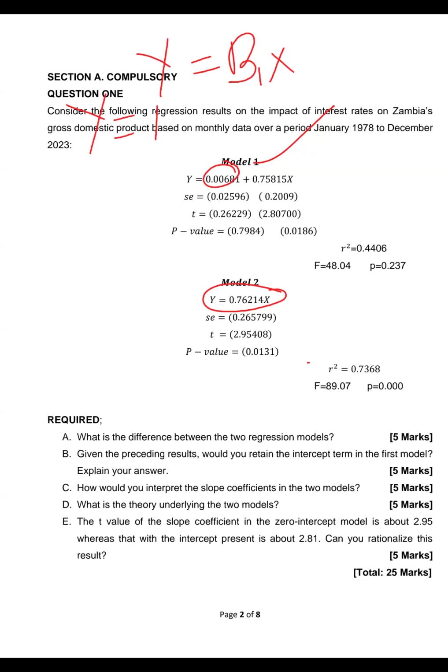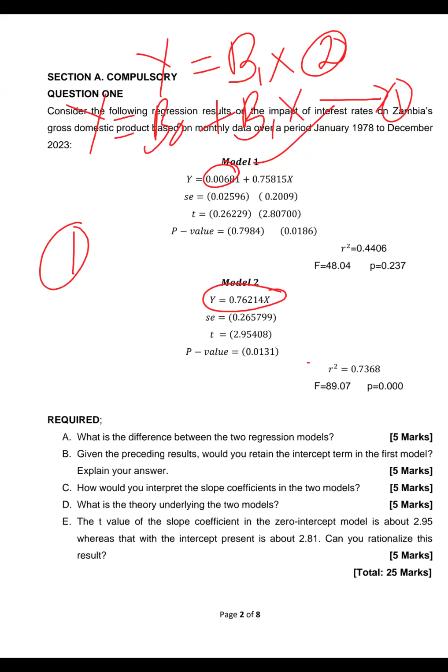It's y is equal to beta naught plus beta 1x. This is the general form. 1 follows this one, but 2 follows this one. So it doesn't have the intercept. Did you get that one? Yes. That's the first difference. There's no fixed intercept for model 2.